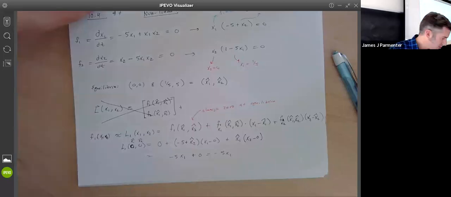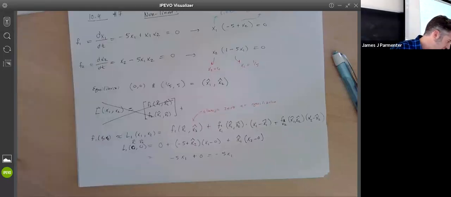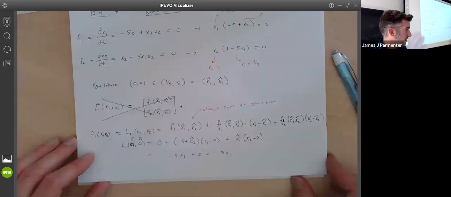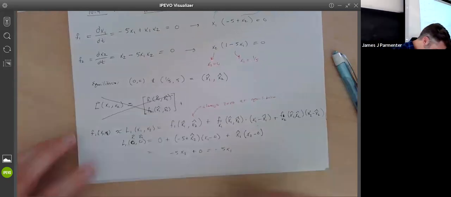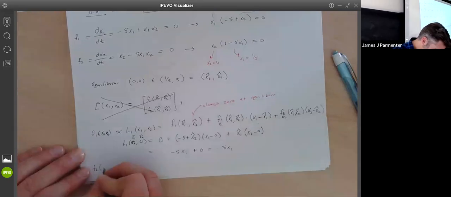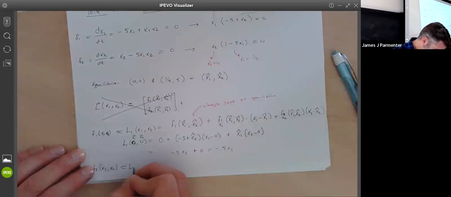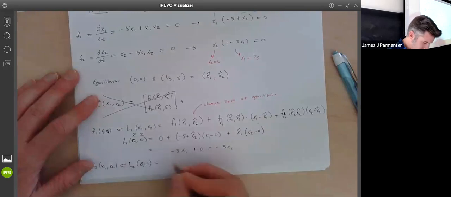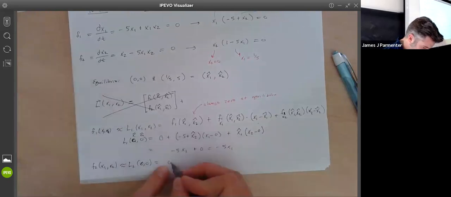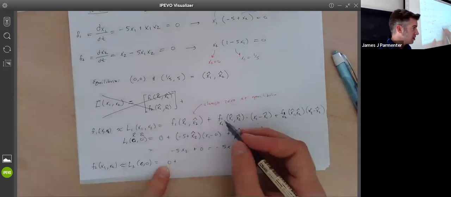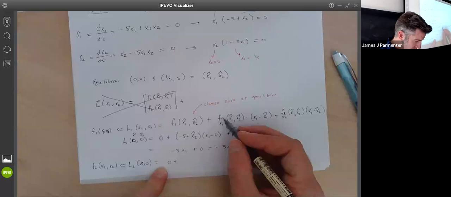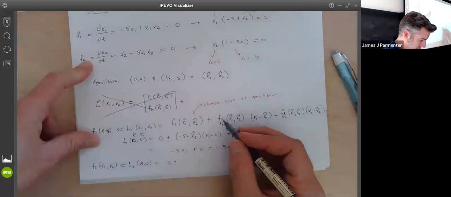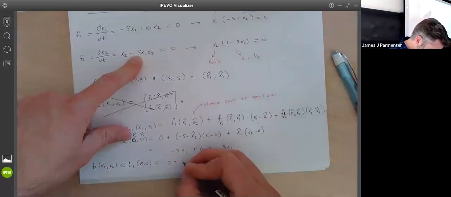So I double check my work here. Yeah, that looks fine. And then we would do the same thing for F2. We know we're doing (0, 0). So doing (0, 0), it's going to be 0 plus the partial derivative of F2 with respect to x1, which is going to be -5 x1.